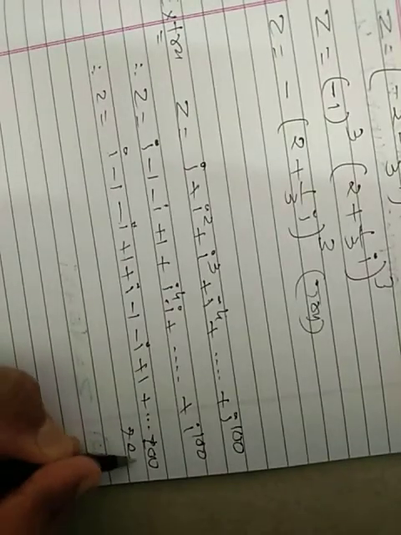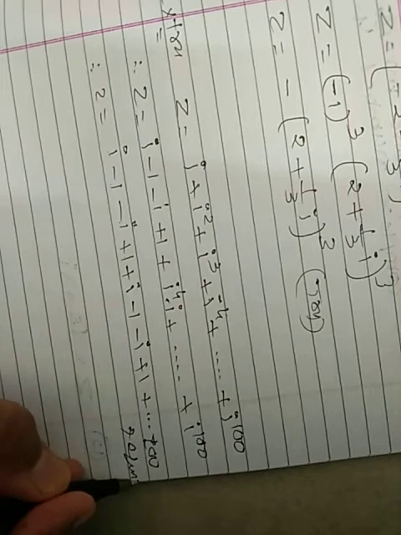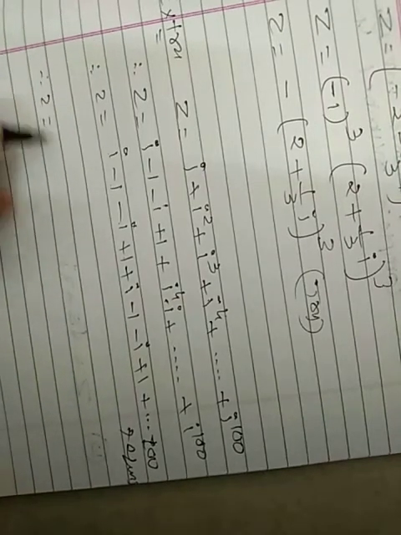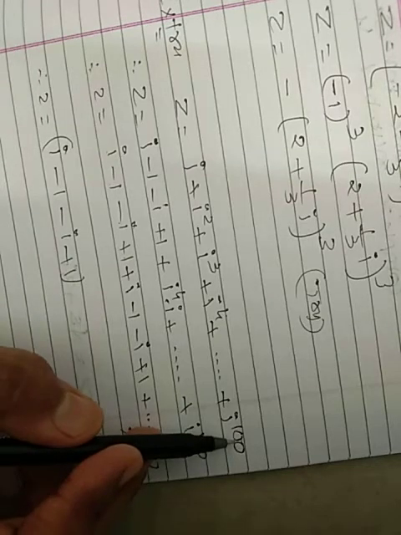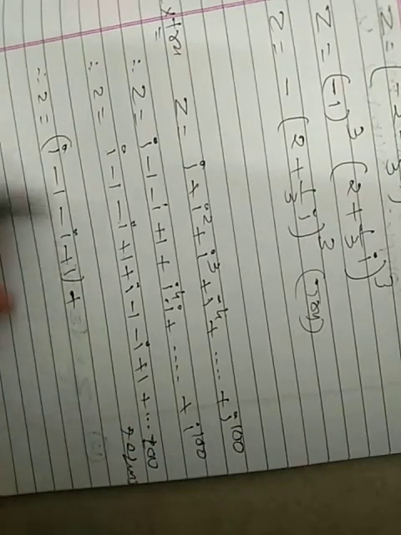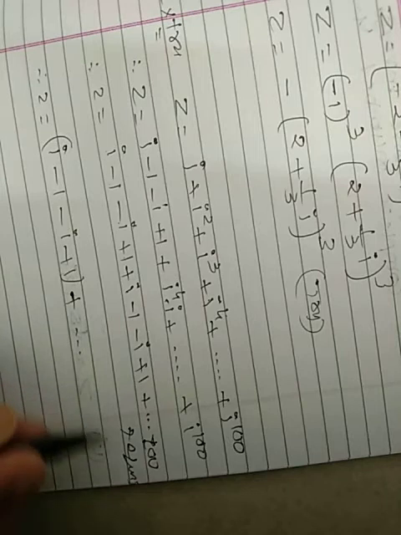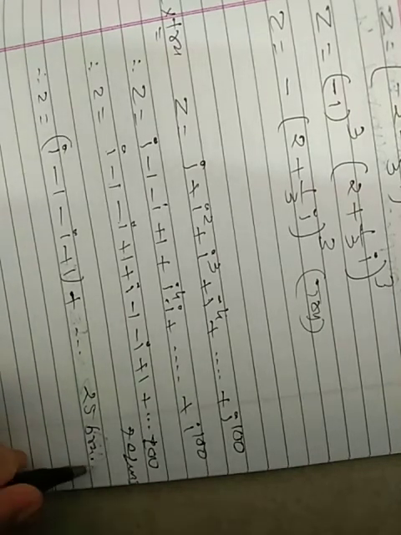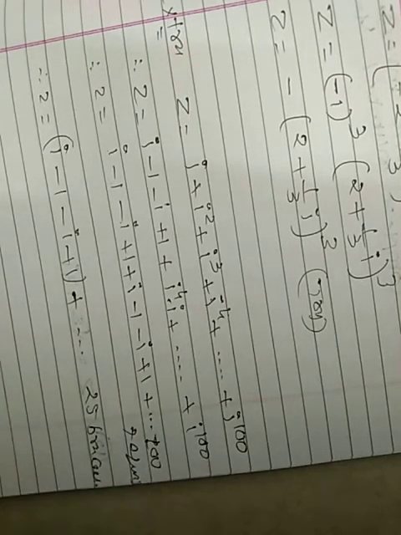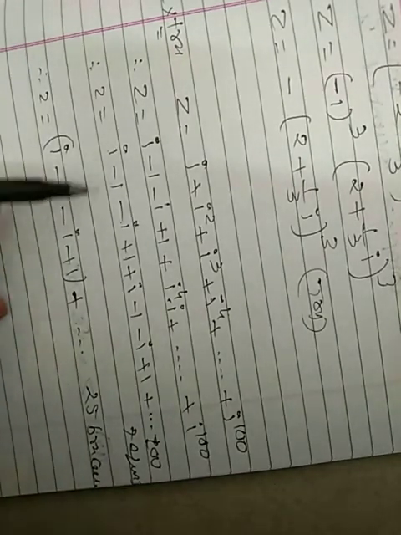100 terms. That means your terms are repeated after every 4 terms. Every 4 terms, up to i raised to 100. That means this is one bracket, up to 25 brackets. Is this clear?